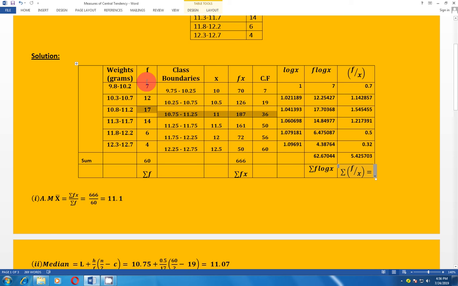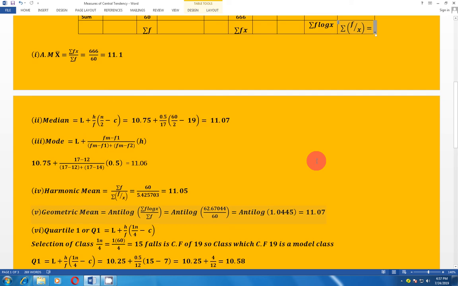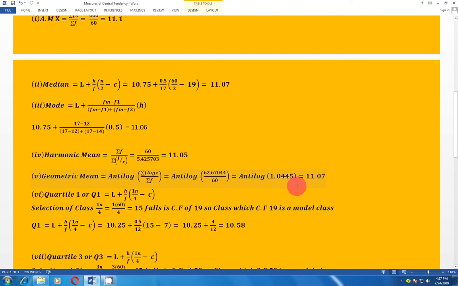So 1 multiplied by 7 is equal to 7. 1.021189 multiplied by 12 will be equal to 12.25427. 1.041393 multiplied by 17 will be equal to 17.70368, and so on. And sum of f log x will be equal to 62.67044. So after putting the value into the formula, the result is the anti-log of 1.0445. So after taking the anti-log, the result will be 11.07.